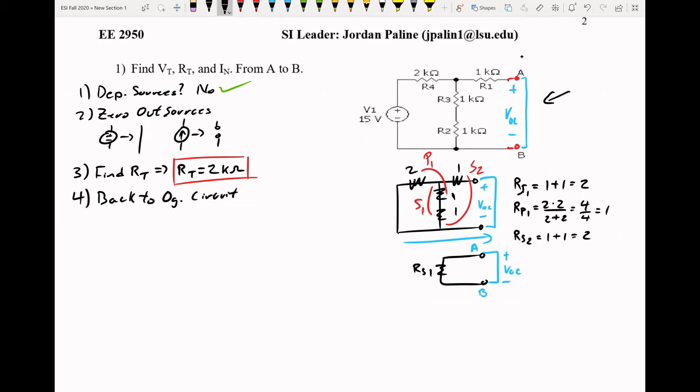And what we're going to do now is we're going to figure out what the parallel value is for our two branches here. So this branch and that branch, since these two are in parallel with each other. If we find the drop across R2 and R3, we find the drop across A and B. So let me clean that up a little bit. There we go.